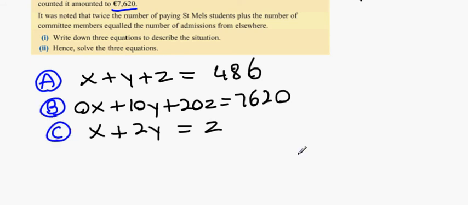So what we're going to do first is, we notice about equation B is that it has no x value, so it's just in terms of y and z, which is quite handy.